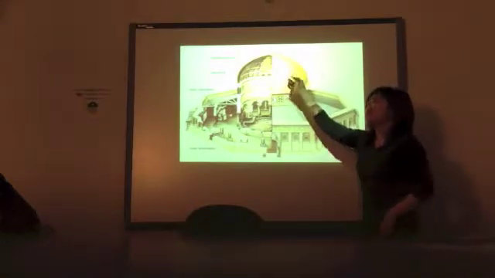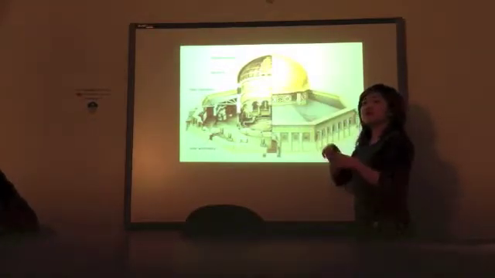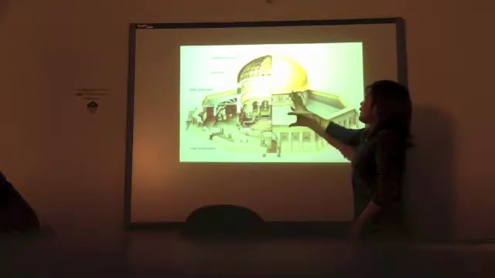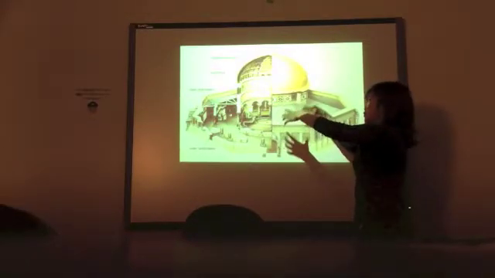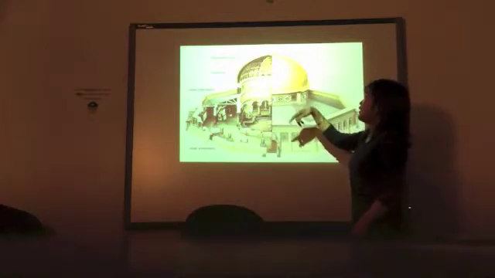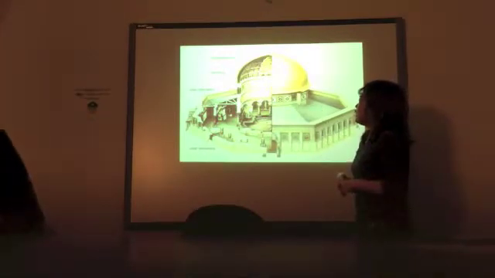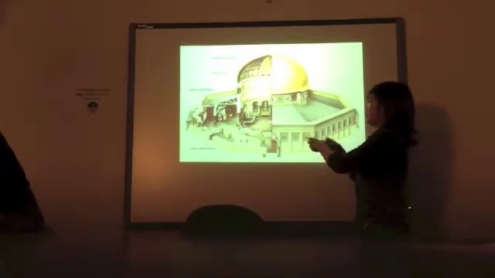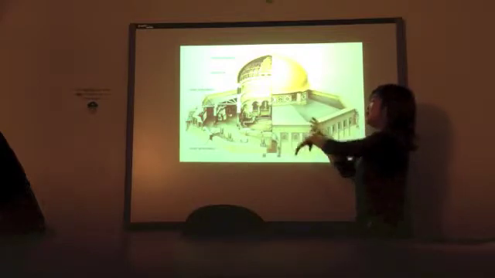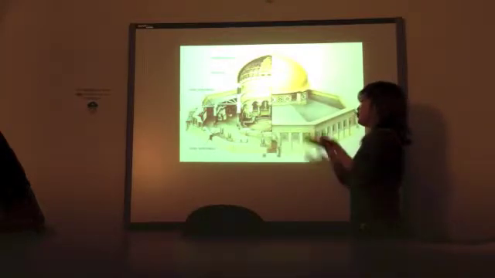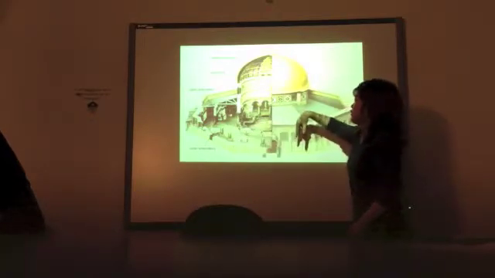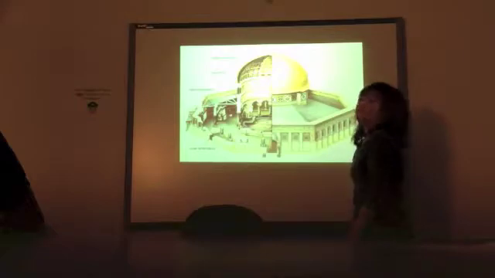I forgot to mention that the dome is about 20 meters high and has a 20-meter diameter, so it's quite big. The drum is the supporter of the dome, and it has a number of windows. So there's the Holy Rock. That's the main theme of this building, which is why it's made, to kind of worship the rock. And as you can see, there's two ambulatories.